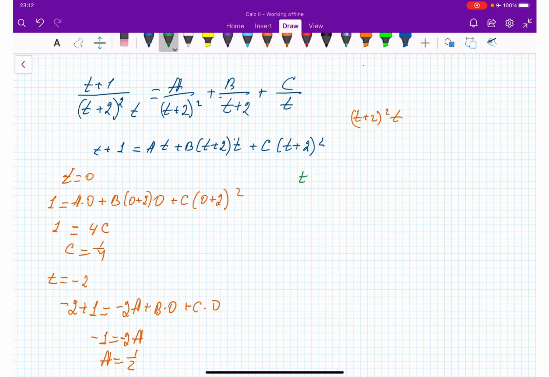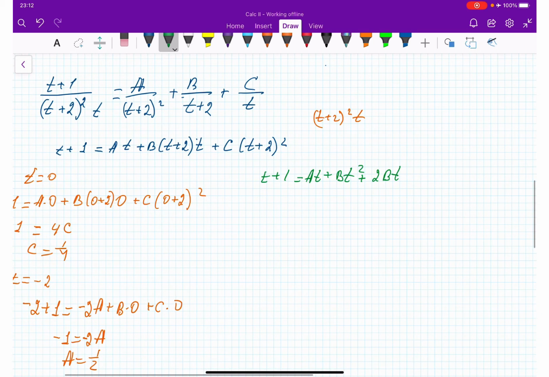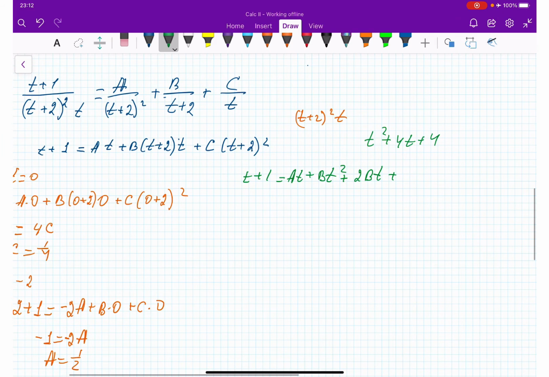T plus 1 is equal to at plus bt squared plus 2bt. Next, plus c times t plus 2 squared, which is t squared plus 4t plus 4. So all I'm going to do is add c next to it.